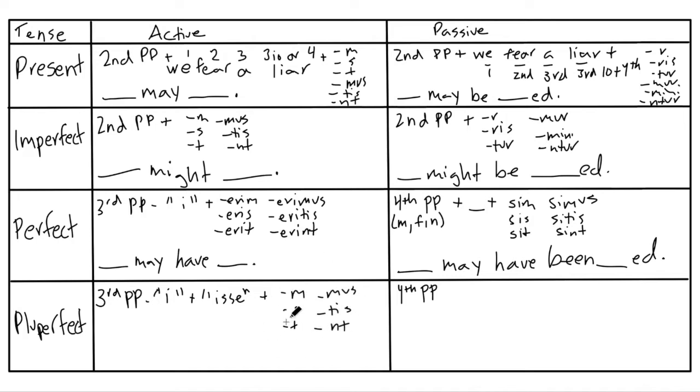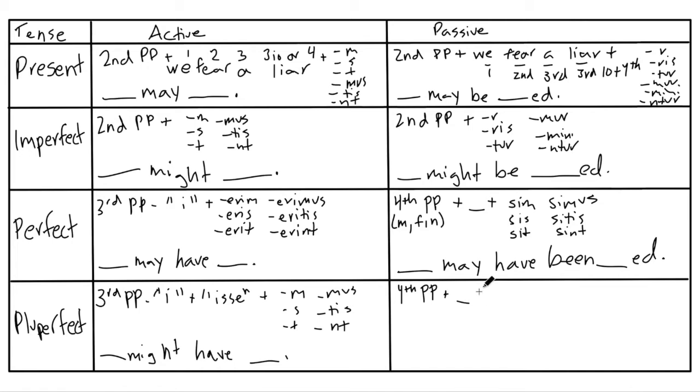So that's notably different. Make sure to remember that these endings are different from the perfect active subjunctive mood personal endings. And the translation is blank, might have, blank, might have, and then verb. So you'll see that there's a connection between the imperfect and pluperfect translations and the present and perfect translations, if that makes it easier to remember.